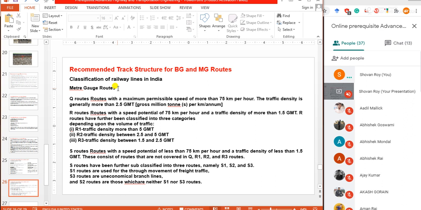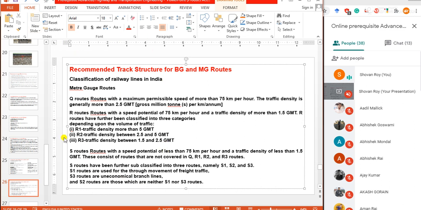S routes have been further subclassified into S1, S2 and S3. S1 routes are used for through movement of freight traffic, meaning goods trains. S2 routes are those which are neither S1 nor S3, and S3 routes are uneconomical branch lines.